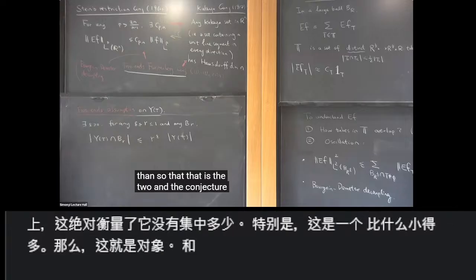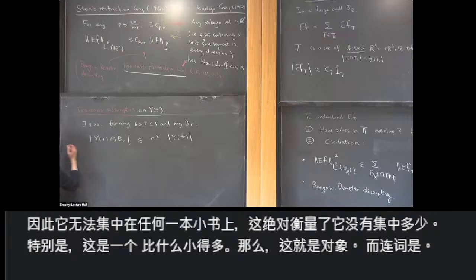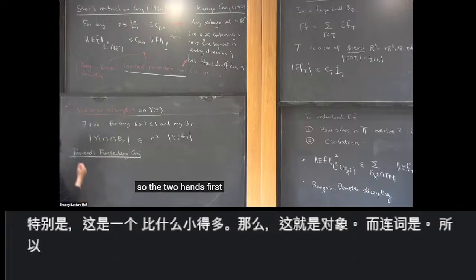And the conjecture is: the 2 ends Furstenberg conjecture.